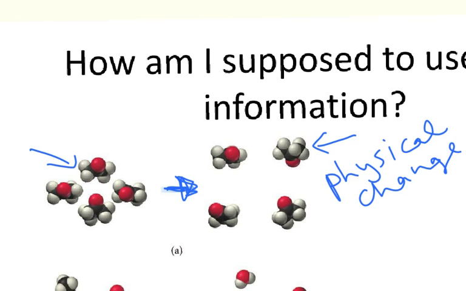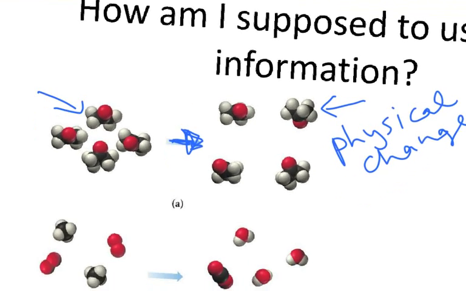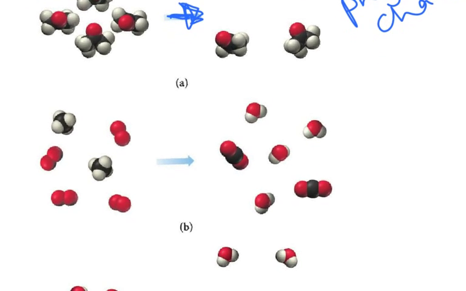Let's look at the next example. In this next example, we have not one, but two different compounds, and so we have a mixture.